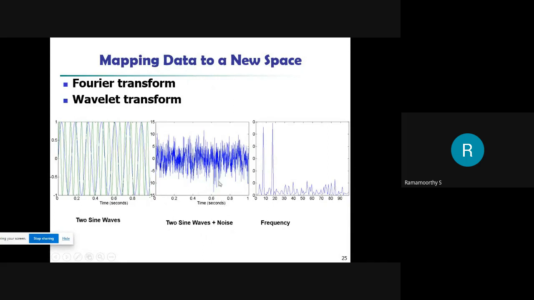Noise signals are represented in the second graph. And this is the frequency variation. The third graph gives a clear picture of how the data frequency varies drastically across the given range of data values, right?